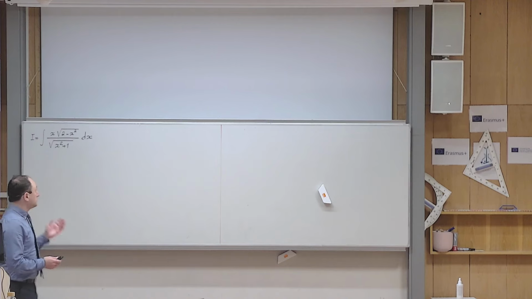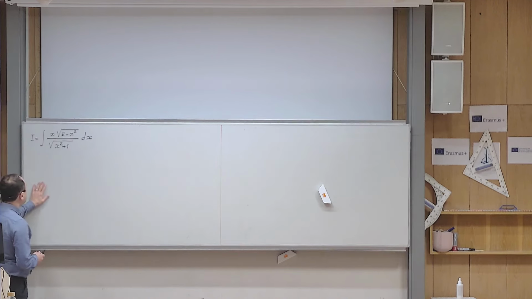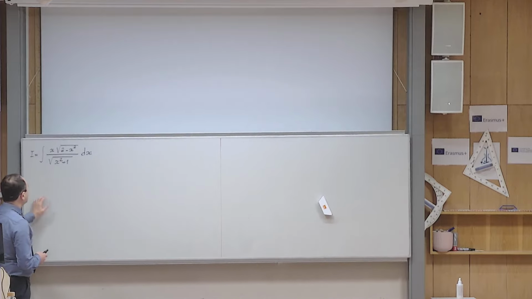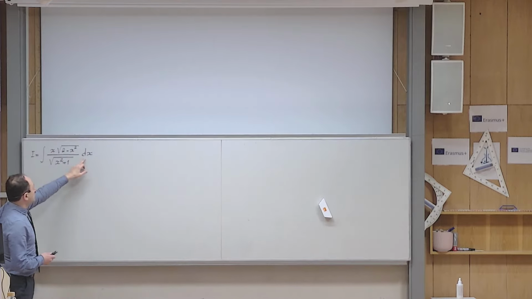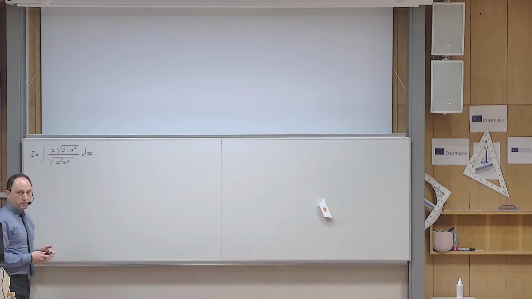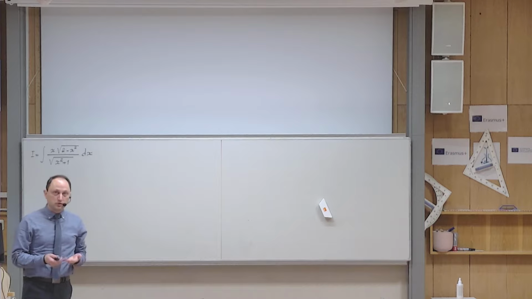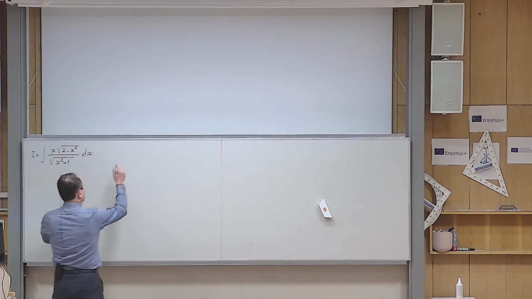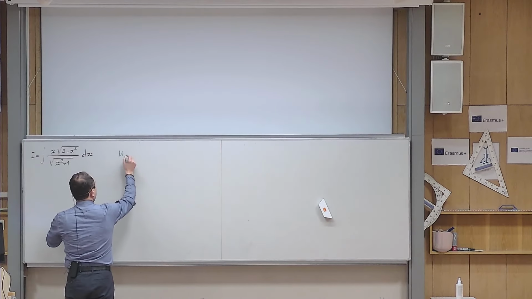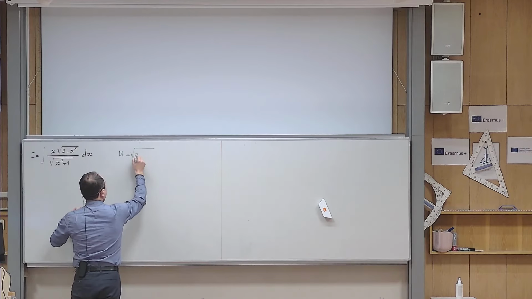Okay, so let us solve the problem together here. The first thing that I will do, because I see that I have x dx here, motivates me to get rid of one of these square root signs by introducing a new variable, say u. Let u equal the square root of x squared plus 1.